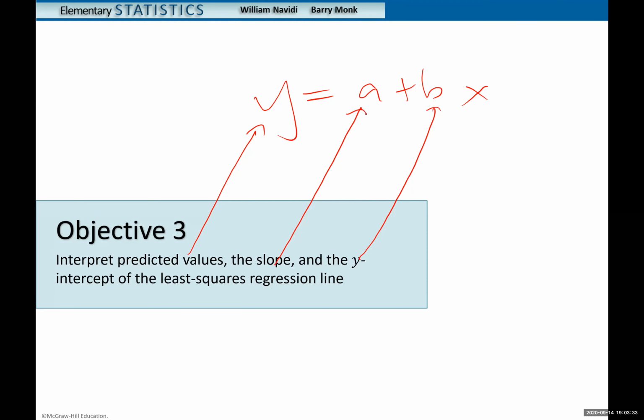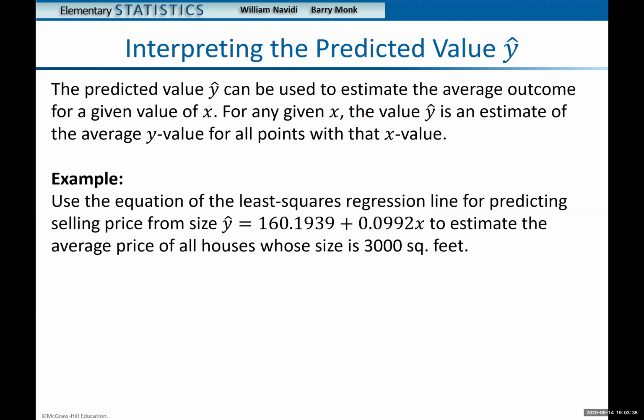So how are we going to interpret those values? The predicted value y hat can be used to estimate the average outcome for a given value of x. For any given x, the value y hat is an estimate of the average y value for all points with that x value.